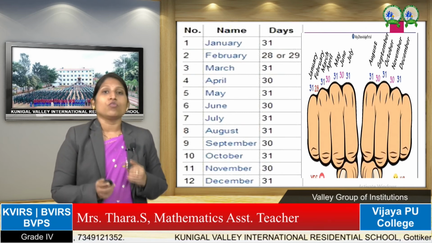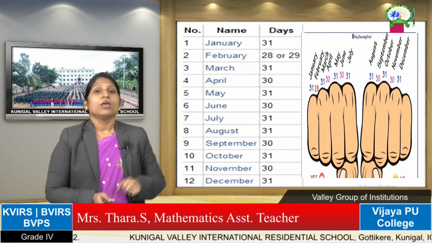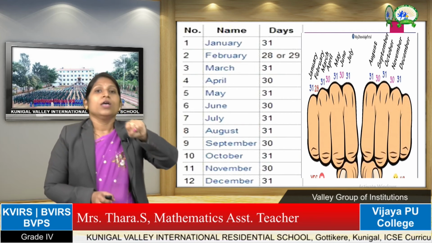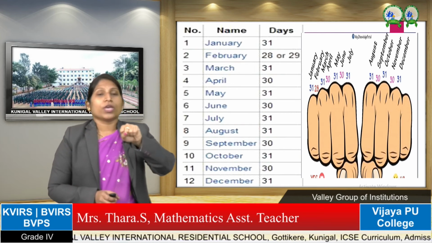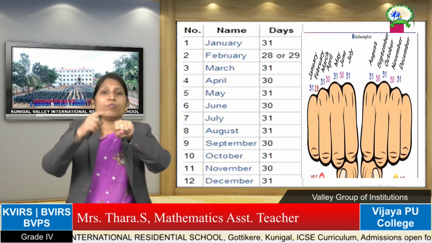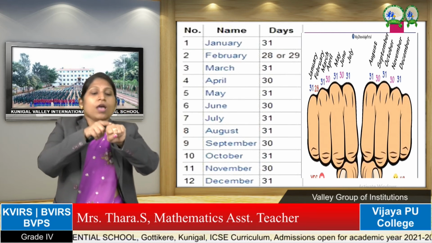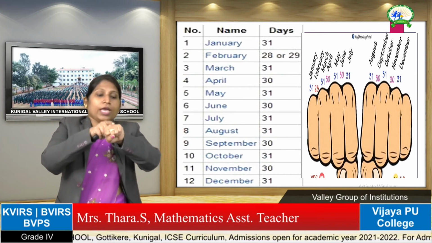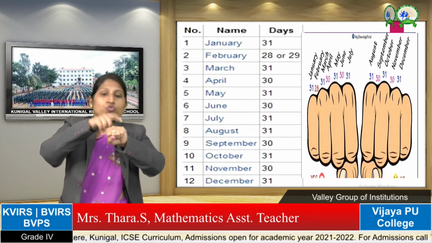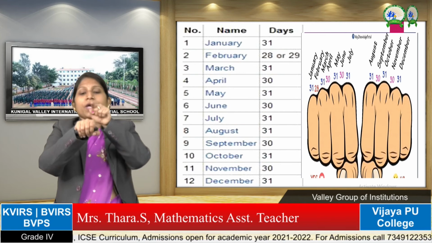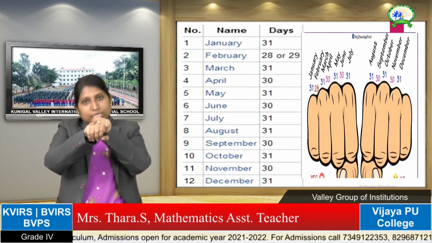And what are the days? How to find out the days of a month, children? You can use your hand. You can use your hand like this, where bumps and dips are there. Starting from the bump you count January, February, March, April, May, June, July, August, September, October, November, December.